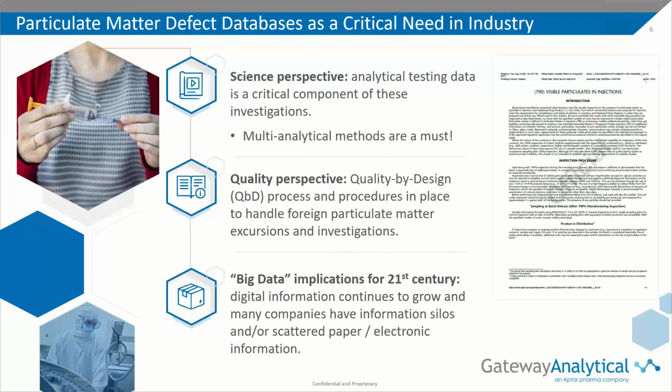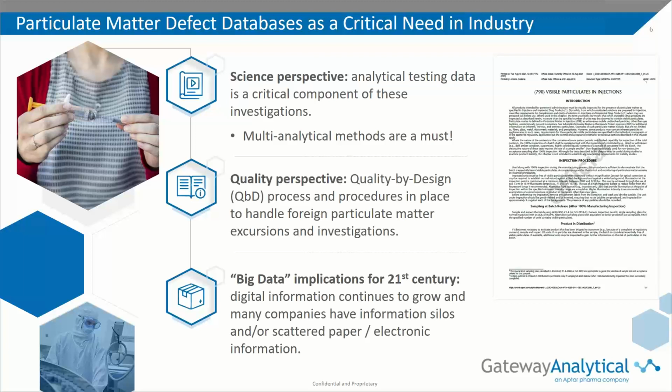This typically needs to be done using a multi-analytical method, applying different analytical techniques such as optical microscopy, FTIR, Raman, SEM, taking all of that information and then comparing that to unknown sources to try to figure out what a potential source might be. And these are typical of forensic investigations, and that's really what we apply at our laboratory.